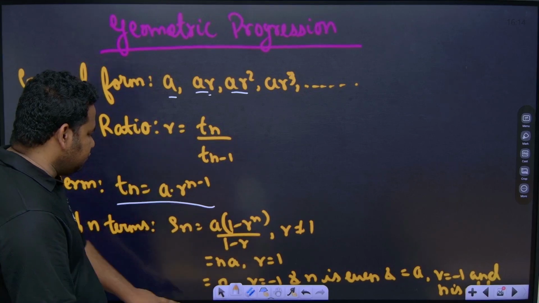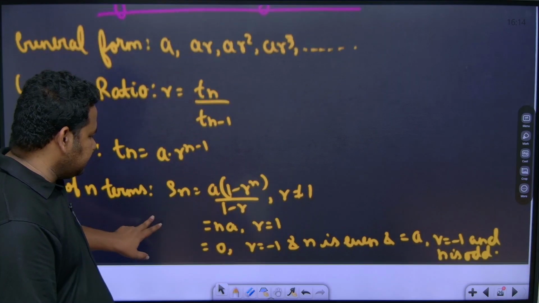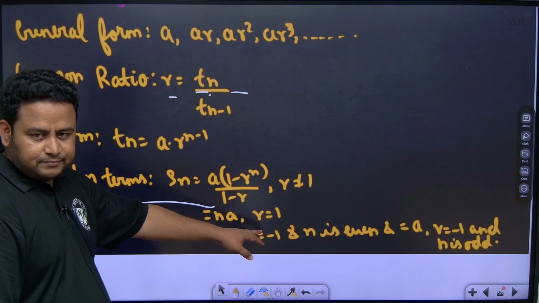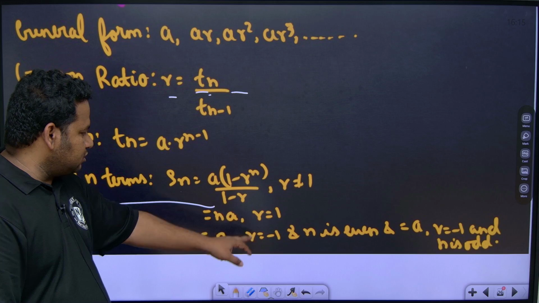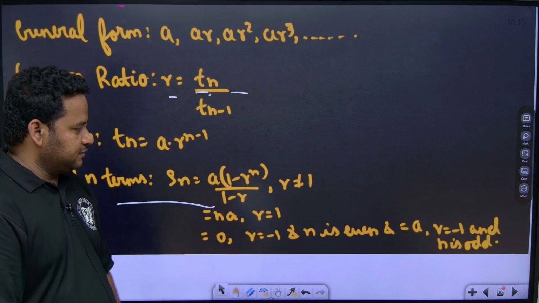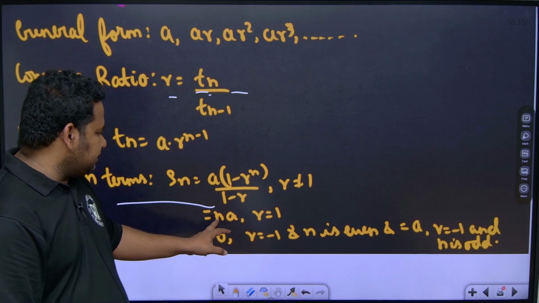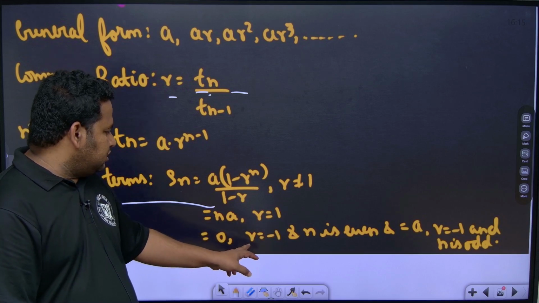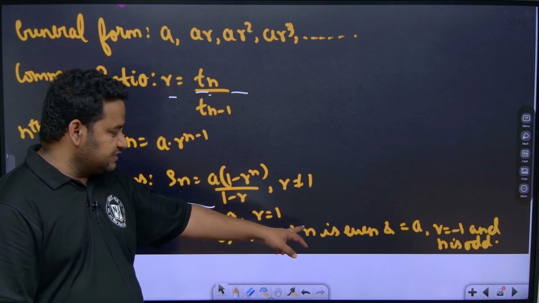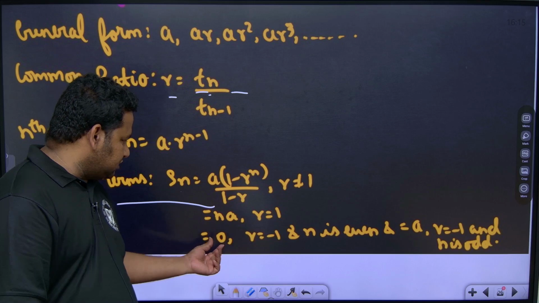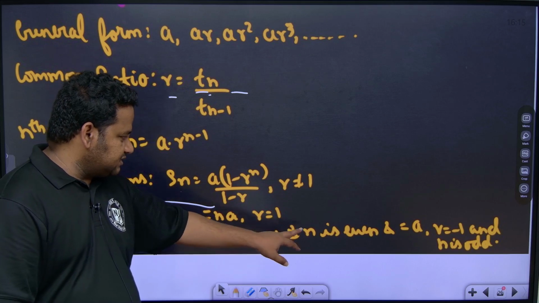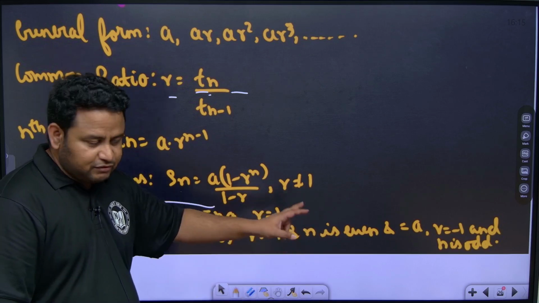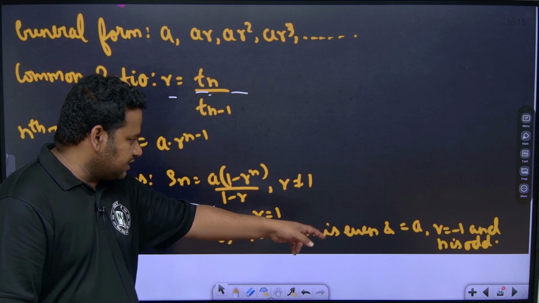And this value will be equal to n times A if R is equal to 1. It is equal to 0 if R is equal to minus 1 and n is even. It is equal to A if R is equal to minus 1 and n is odd.